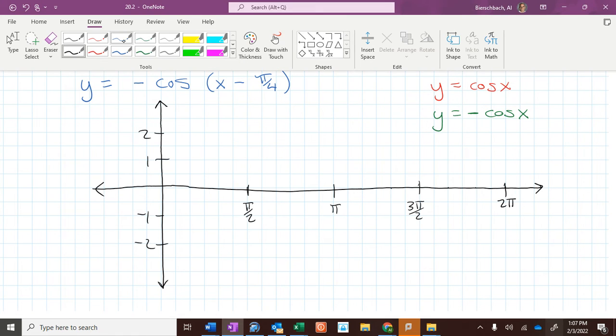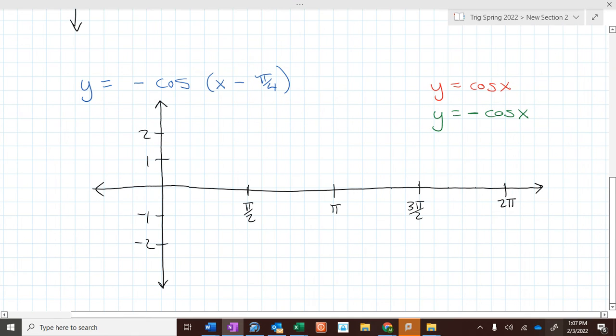All right, cosine curve. What's the cosine at 0? 1. Thank you for saying that. We are at 1. What's the cosine at pi over 2? 0. What's cosine at pi? -1. What's cosine at 3 pi over 2? 0. What's cosine at 2 pi? 1.